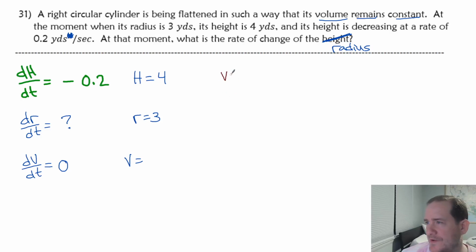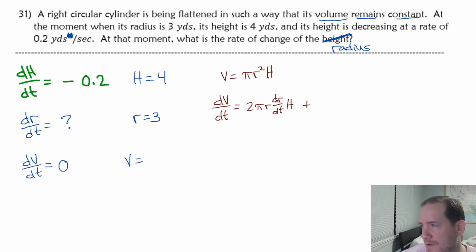So I'm getting a little sick of writing this, but if volume is pi r squared times height, then by the time we differentiate, we'll end up with a dV dt. That equals 2 pi r dr dt times normal h plus pi r squared times dH dt.